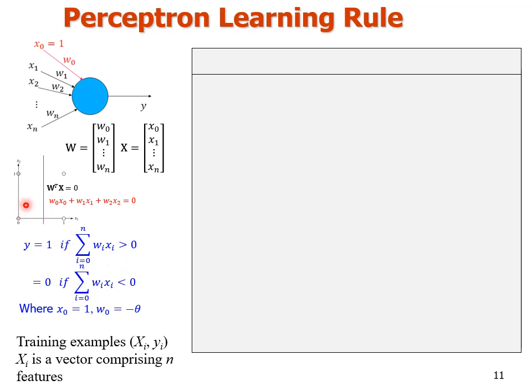So let us assume that we have a few instances shown in this figure, and we would like to separate these instances into two classes. You can observe here that two samples belong to one class, say negative, and two samples belong to the other class, say positive.